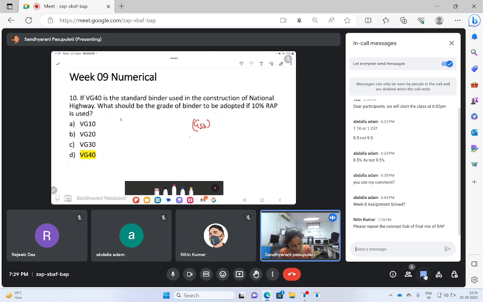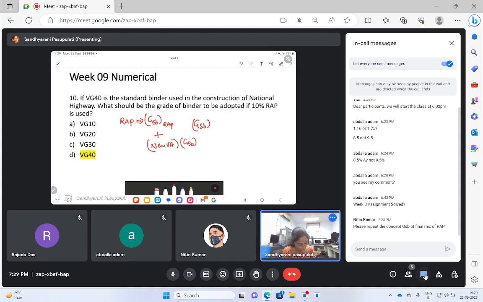GSB, so initially the RAP is nothing but the aggregate coated with binder. Those aggregates we have to calculate the specific gravity of. That is called GSB of RAP. And to this we might be adding some new virgin aggregate, which will have some specific gravity.